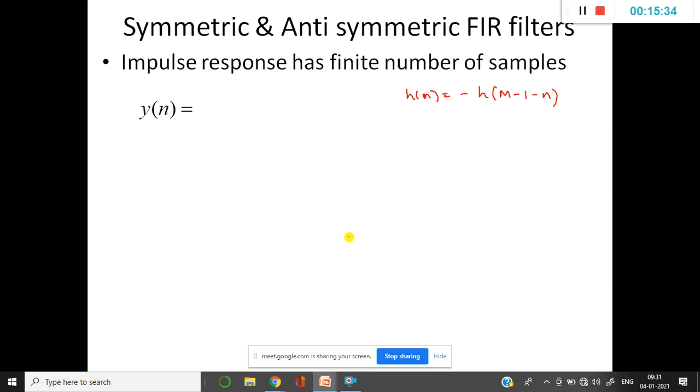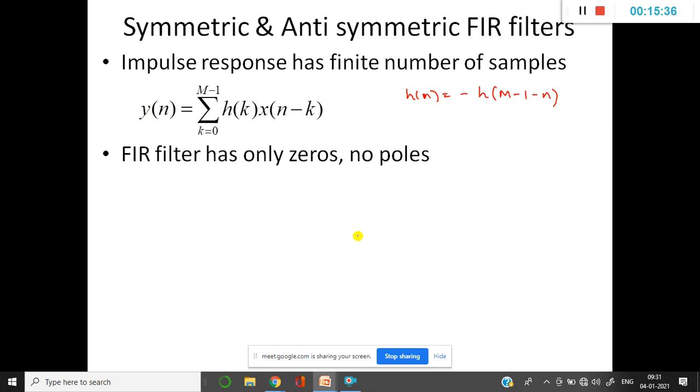Now the impulse response has a finite number of samples. This is basically a convolution operation, right? h of n alone will not be present at any time, so I always say that this is a convolution. The mathematics behind the filter is a convolution operation in the time domain. There will be x of n and the impulse response h of n, which gives the output y of n.